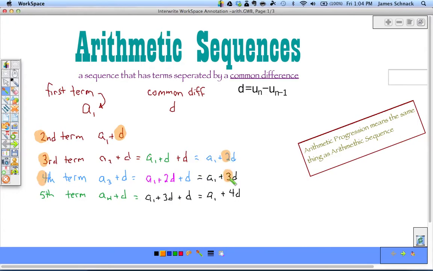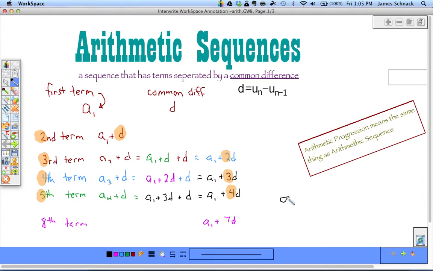Fourth term, add 3D. Fifth term, add 4D. See if you can't venture a guess as to what the rule would look like if I was looking for the eighth term. If you guess that it's A1 plus 7D, you hit the nail on the head, ladies and gentlemen.